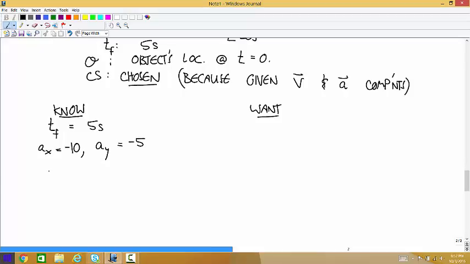Do we know anything about the initial position? Yep, we defined it as 0, 0 when we put our origin at the object's location at time equals 0. That is the meaning of initial position. So PIX is 0, PIY is 0.